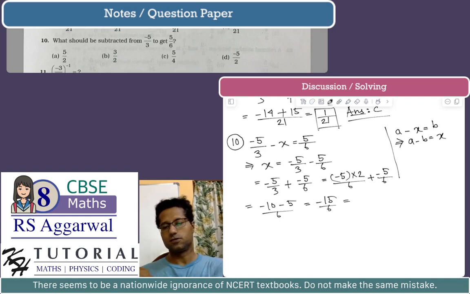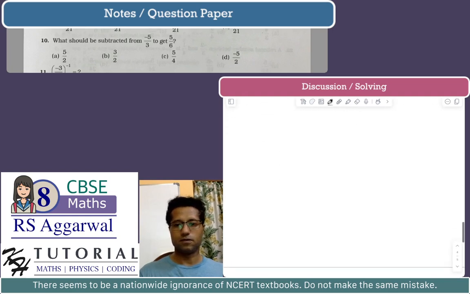Now if you convert this to standard form, because this is not in standard form, as the numerator and the denominator have a common divisor of 3, this will be minus 5 by 2. So minus 5 by 2 is the number that we need to subtract from minus 5 by 3 to give 5 by 6. So the correct choice is D.